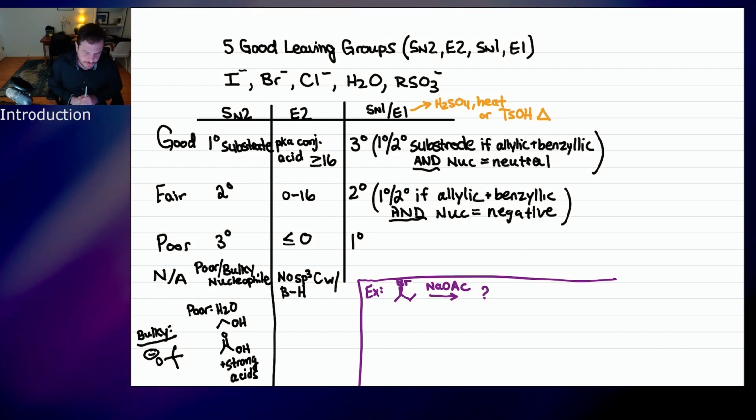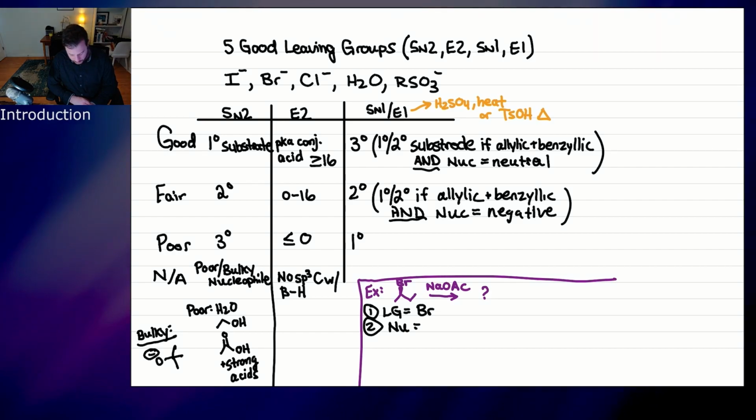So here are the steps we're going to take to predict between SN2, E2, SN1, and E1. Step 1, what is the leaving group? We need to make sure that we have one of the 5 good leaving groups that I mentioned before. Otherwise, there's no reaction. So in this case, do we have one of the 5 good leaving groups? Yes. Leaving group equals bromine. Number 2, what is the nucleophile?